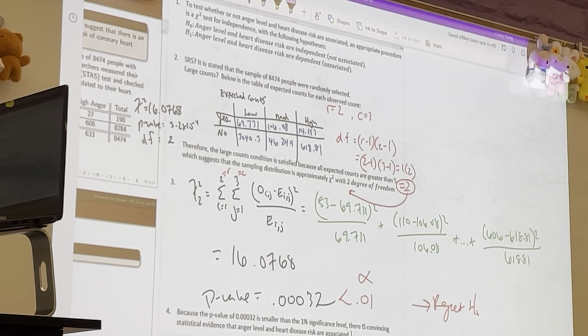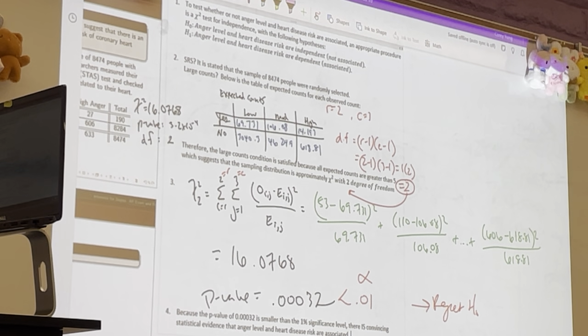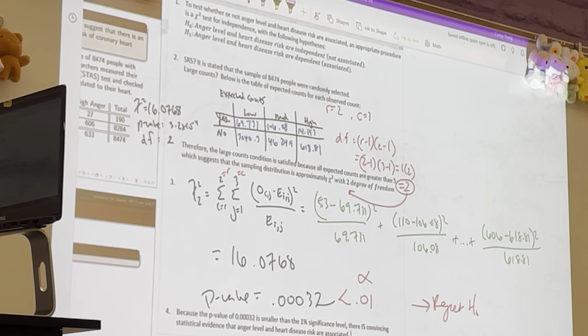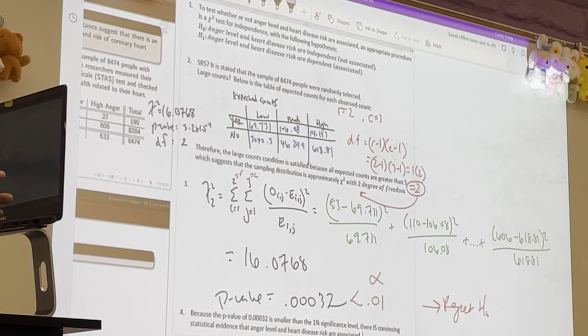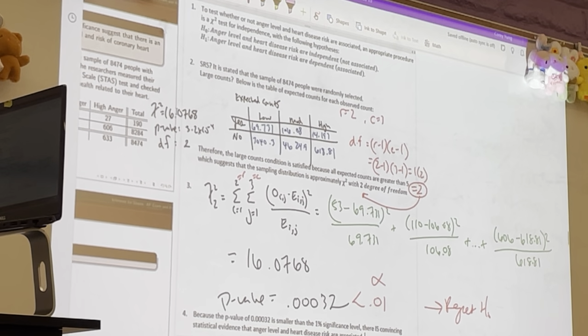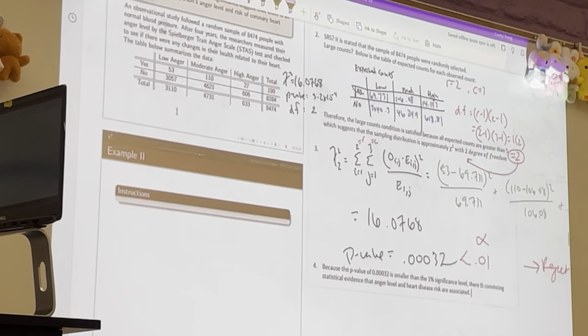All right, so if there are no questions, then I do want to run through the chi-square test for homogeneity, which is pretty much 95% the same as this, except it's in a different context. So I want to go through that quickly, and then we'll be done with chi-square today, at least as far as the lesson is concerned.